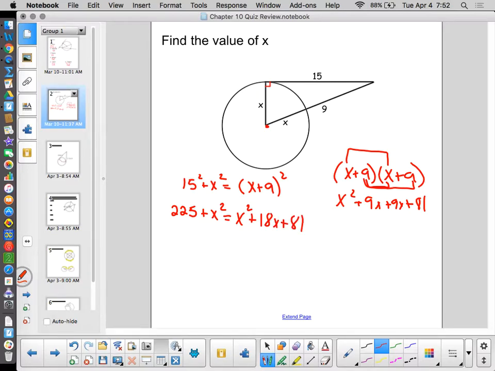Now this looks like something we're going to have to factor, but fortunately for this part of the chapter, we always set up problems that work out really nicely, because when I went to move everything to one side of the equation, I did minus x squared on both sides, it just canceled out.